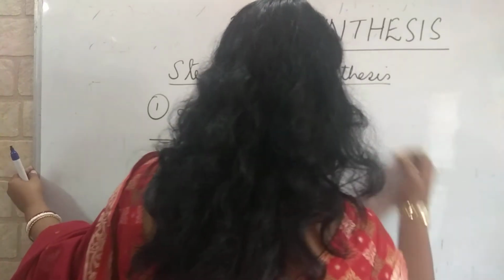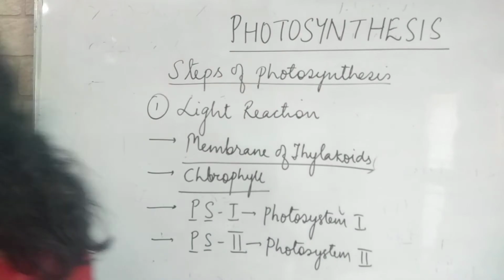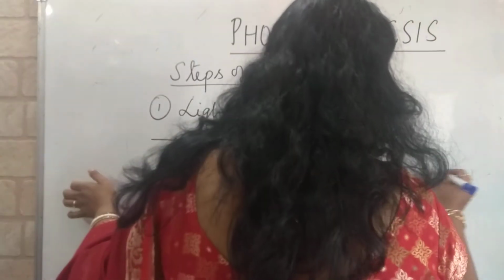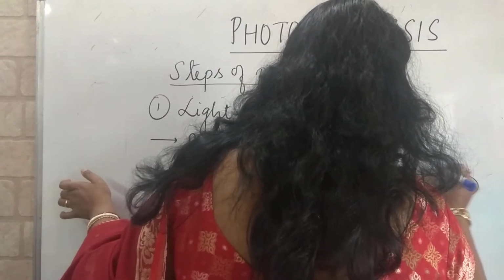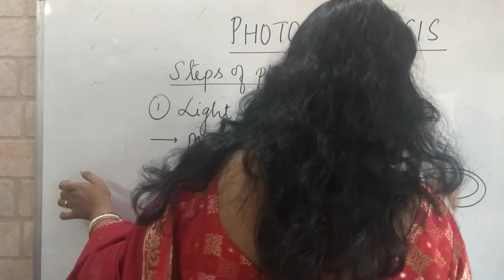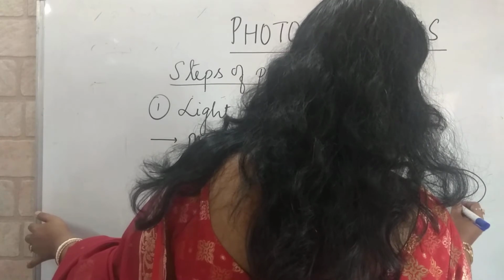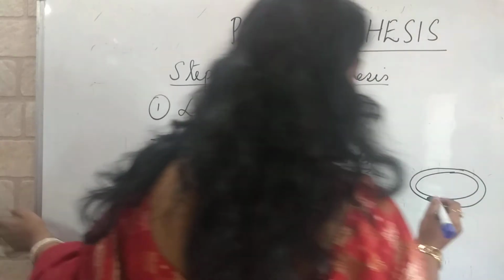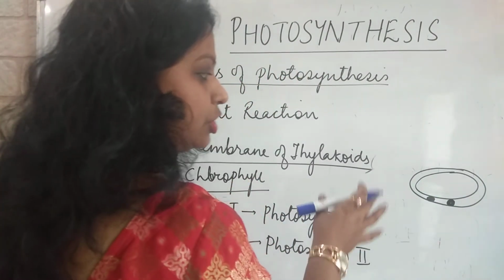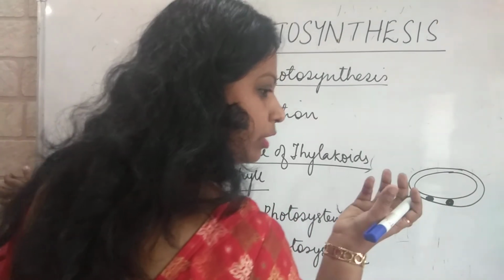We are entering inside the thylakoid now. This is the thylakoid and this is the membrane of the thylakoid. It comprises of systems, solar energy absorbing systems in the form of chlorophyll molecules.